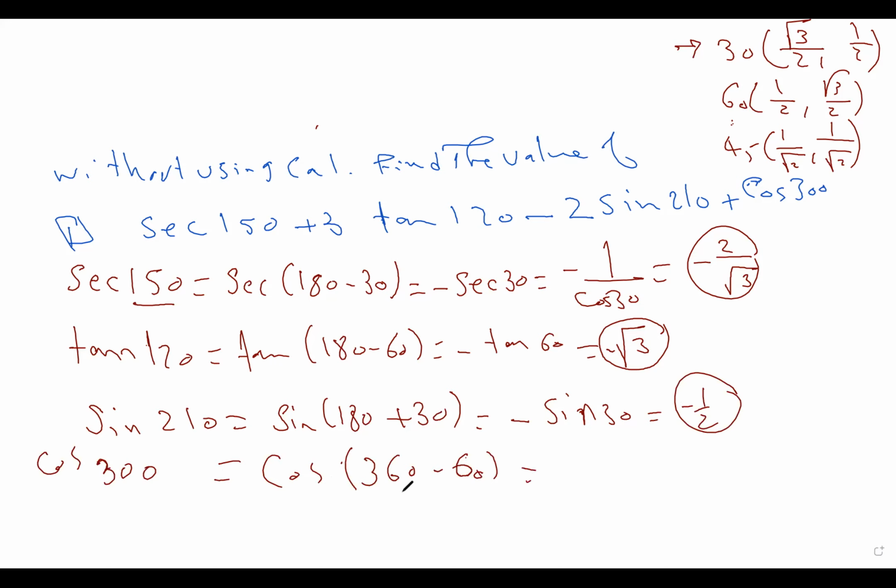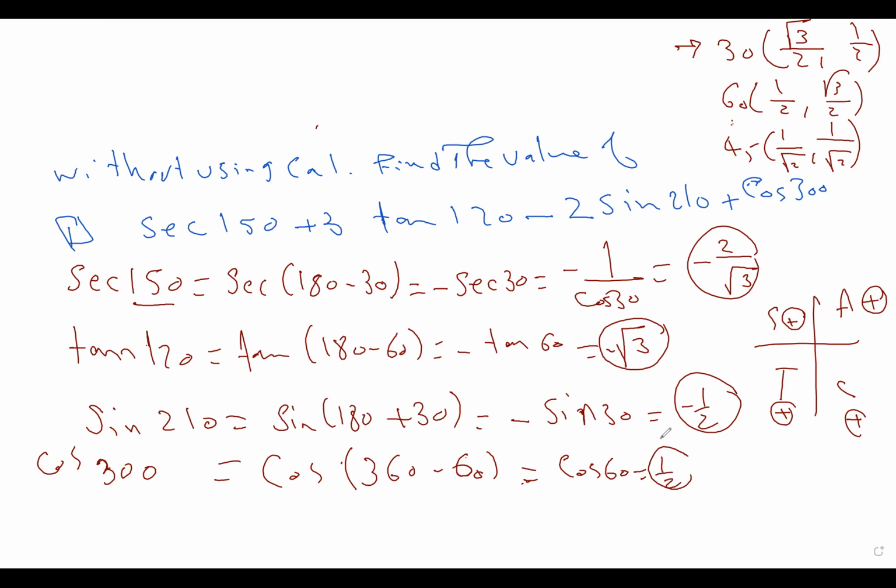The cosine in the fourth quadrant has the same value. ASTC, as I told you, the A means all are positive in the first quadrant. In the second quadrant, sine is positive. Tan is positive in the third. And cosine and its reciprocal are positive in the fourth quadrant. So it will be cosine 60, which equals half.